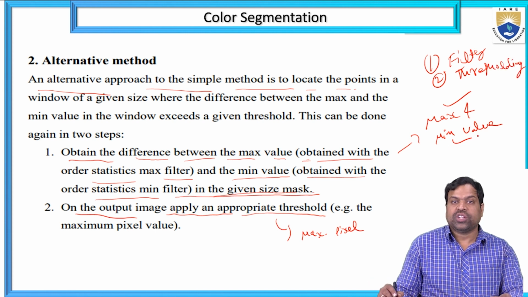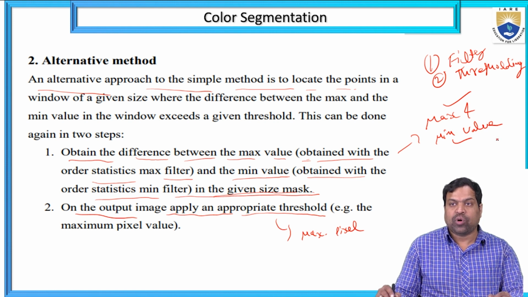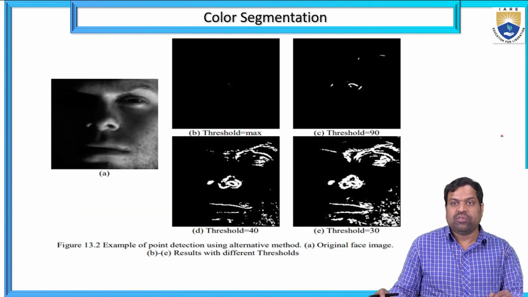When we are going for the thresholding, we have to obtain the difference between the maximum value, the order statistic, and the minimum value. That is the statistic of the minimum filter in the given size mask. The output image can then have an appropriate threshold applied. An example is the maximum pixel value. Here I am taking one example.